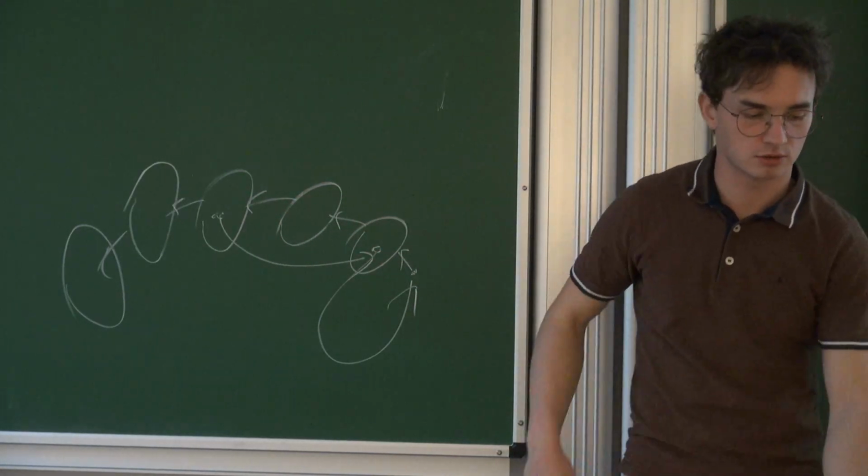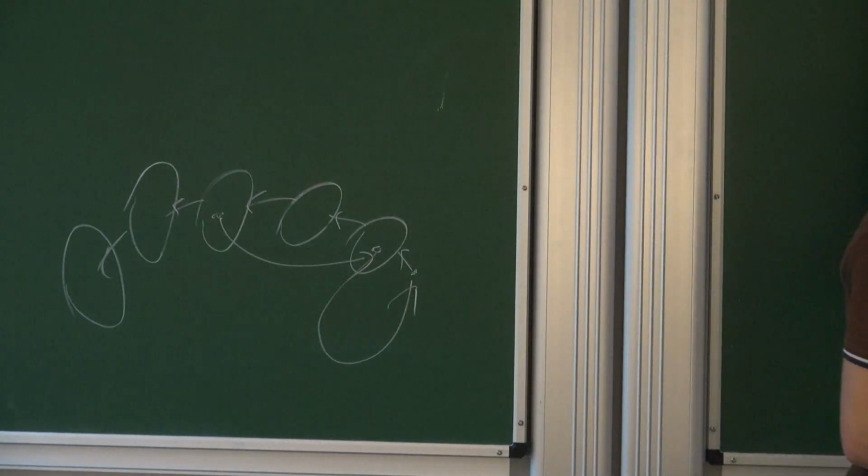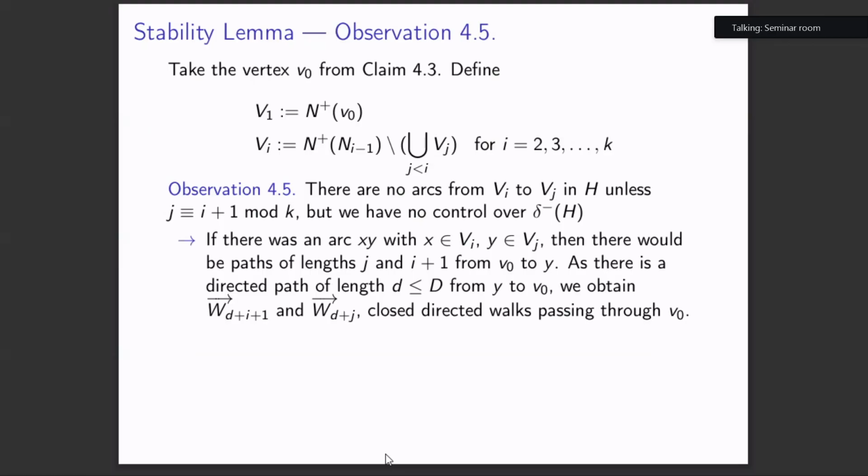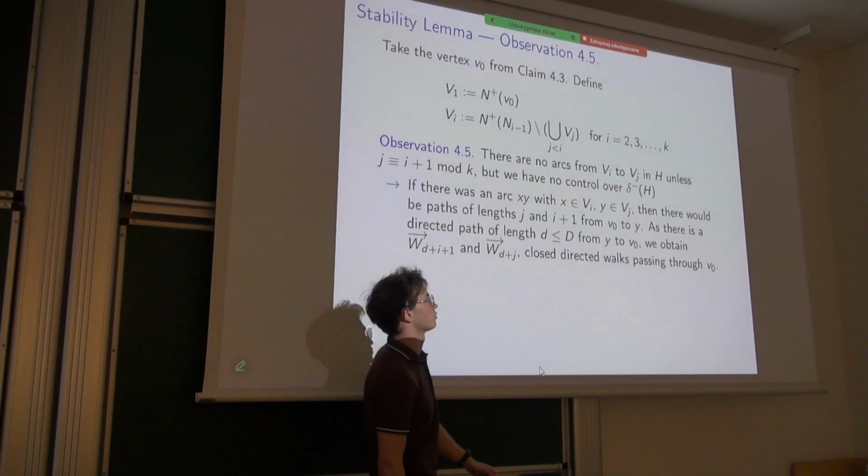And notice that their lengths would be, sorry, not cycles, closed directed walks. Yes, it would be of length d plus i plus 1 and d plus j, if, for example, there would be an arc from vi to vj.